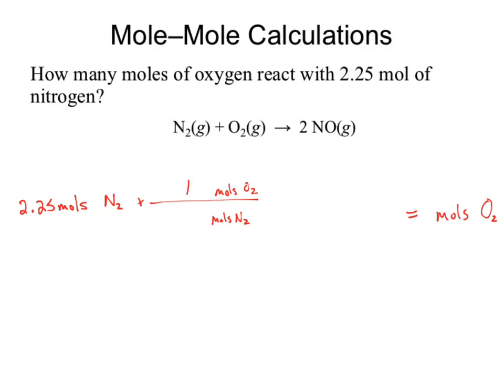What number shows up in front of N2? N2, you're right. And our answer becomes 2.25 moles of O2. We use the information we've got. I think that question was too easy.